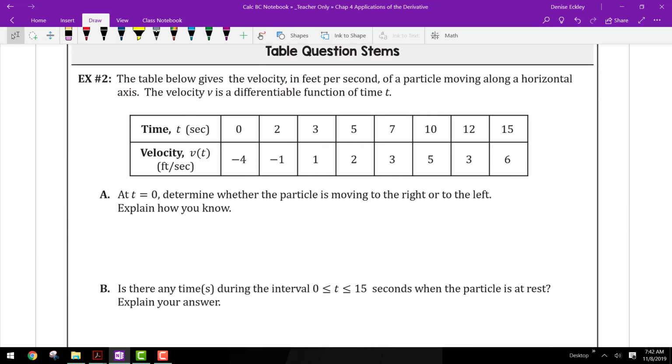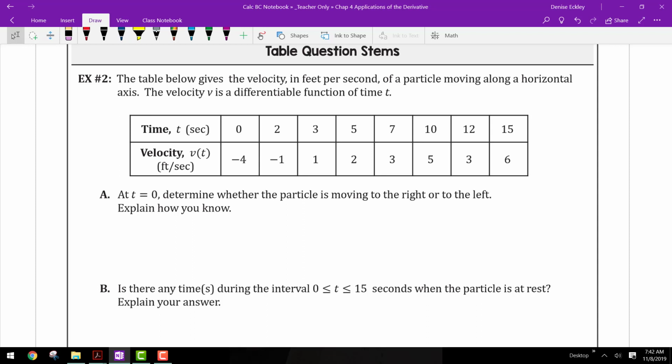Of course, it wouldn't be a section if we don't include a table. So example 2 is a table. Example 2 says, the table below gives the velocity in feet per second of a particle moving along a horizontal axis. The velocity v is a differentiable function of time t.